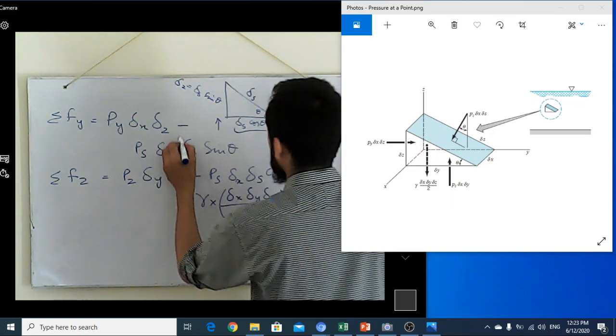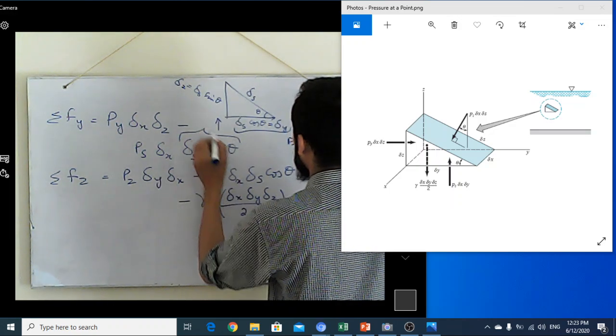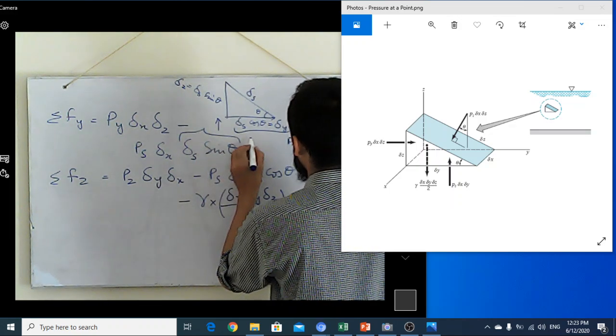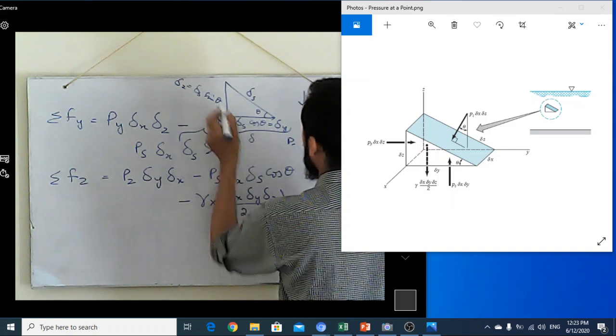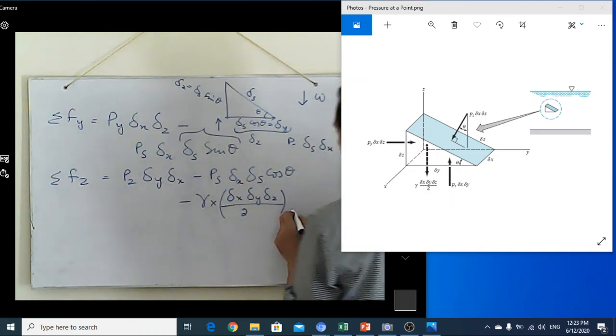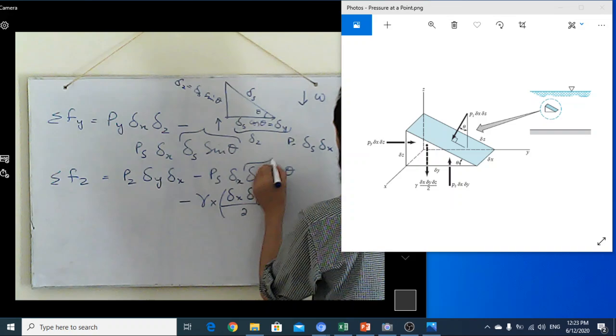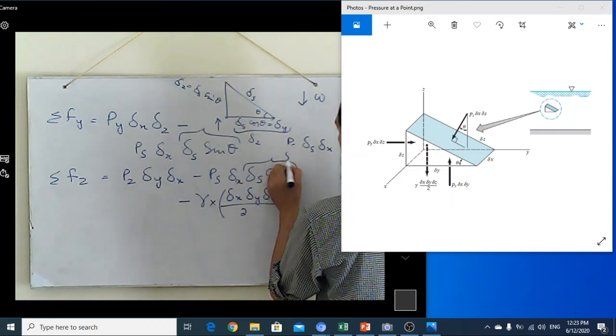Here you can put the value of delta y, delta z, and here you can put the value of delta y.